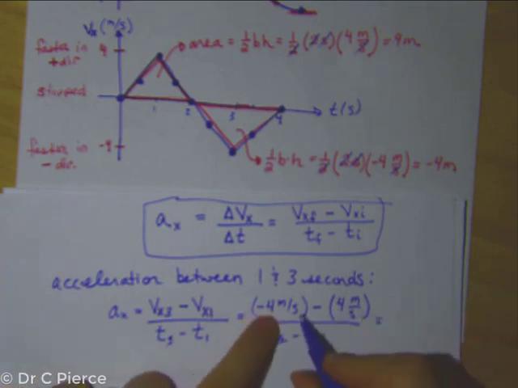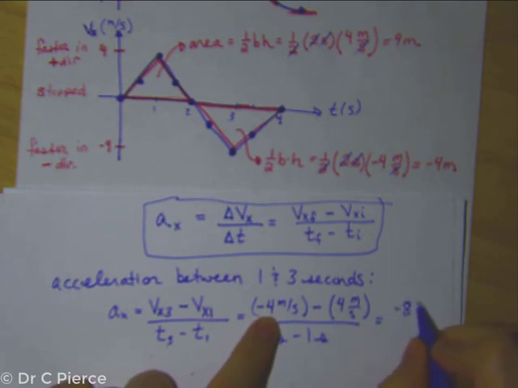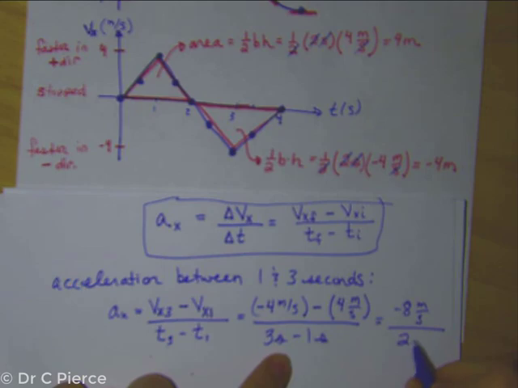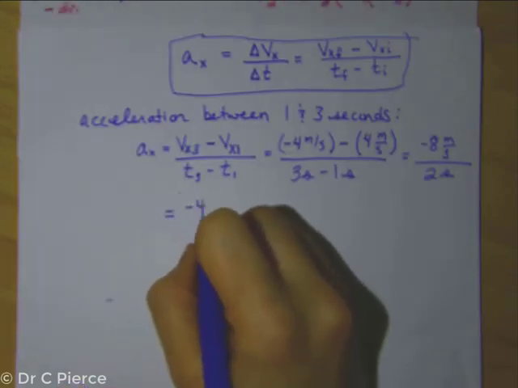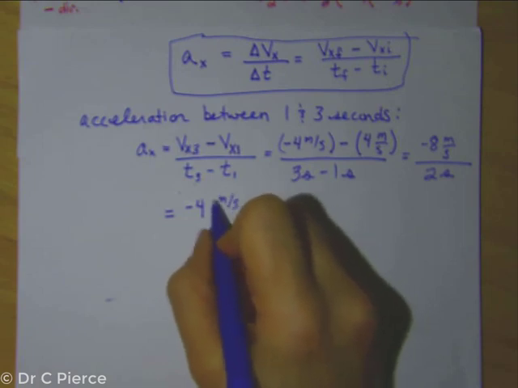So we're going to end up with -4 minus 4, so -8 meters per second divided by 2 seconds. So then I would end up with -4 meters per second.